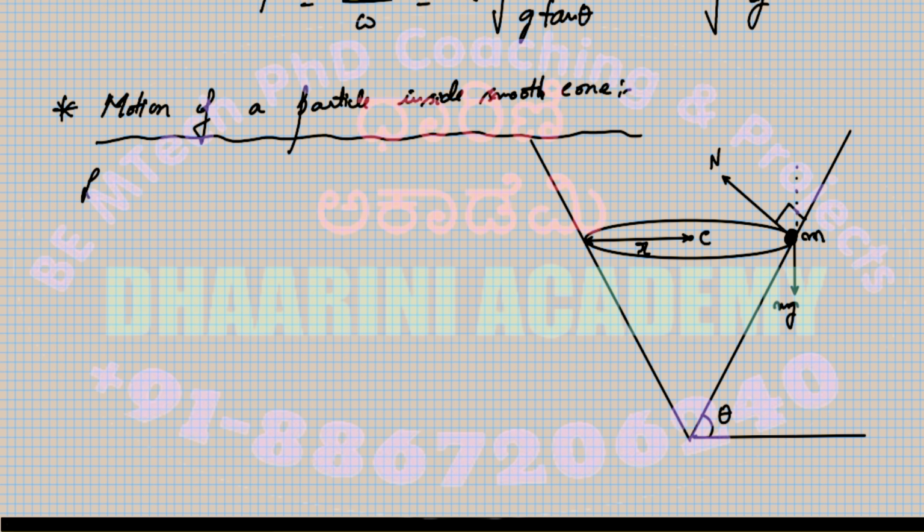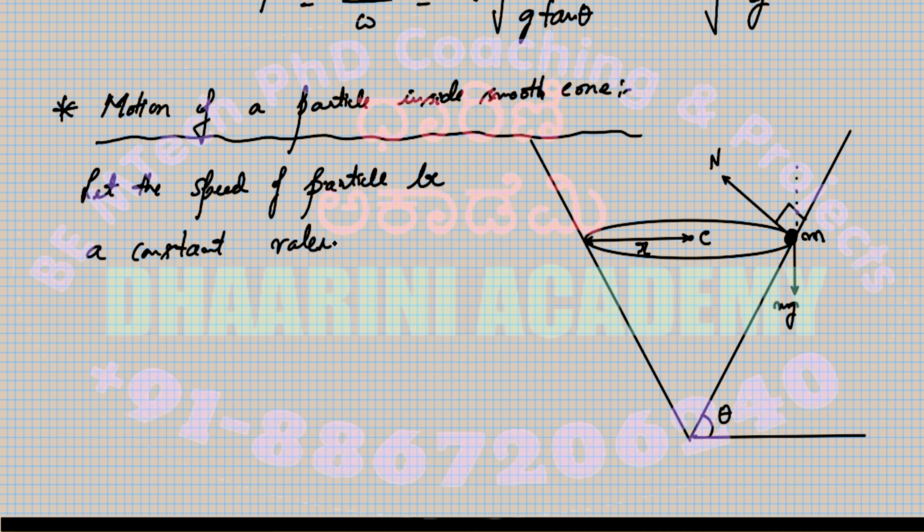So we'll write: let the speed of the particle be a constant value. Let's write it as v.